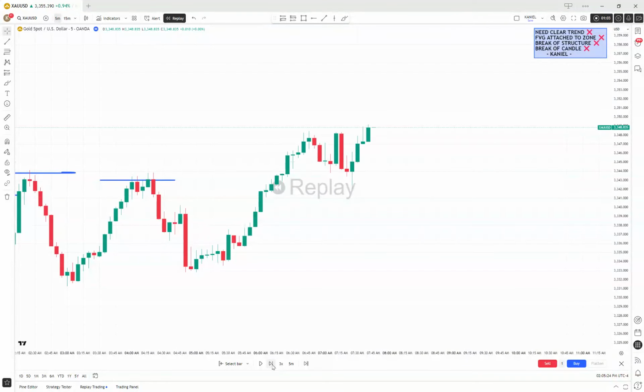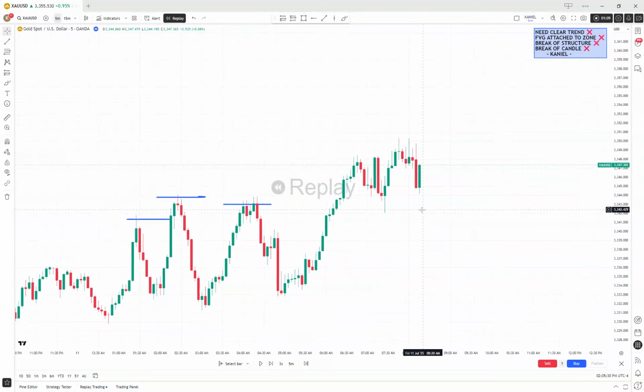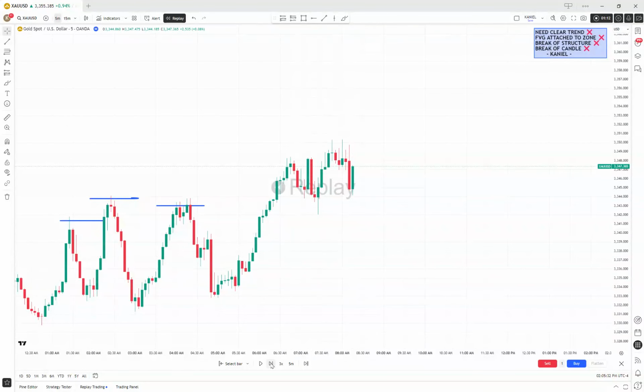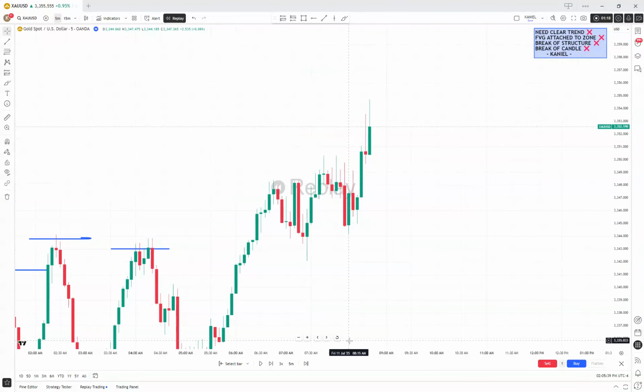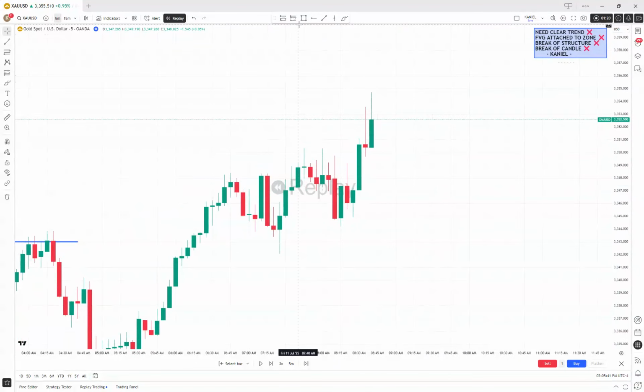So price was playing out, came to the charts about 8 o'clock, which would be right here. Playing out more. Price eventually made a 5-minute demand.